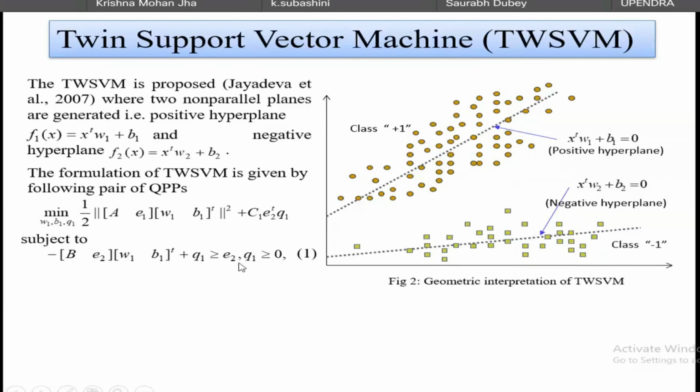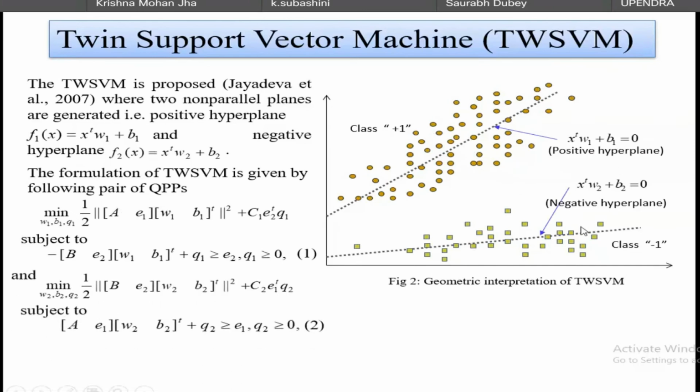So ultimately, we want to minimize the misclassification error, as well as we want to minimize this particular distance. This is given for this positive hyperplane. In the same manner, for the second one, now just find the distance from all data points to this particular hyperplane that is represented by this one.